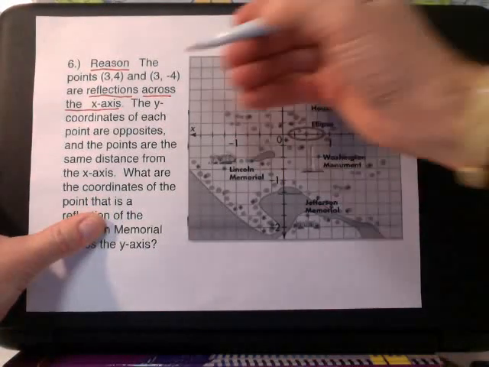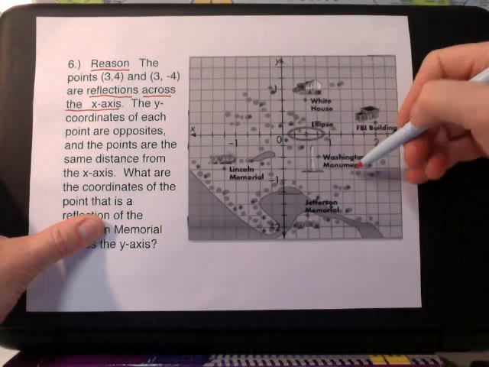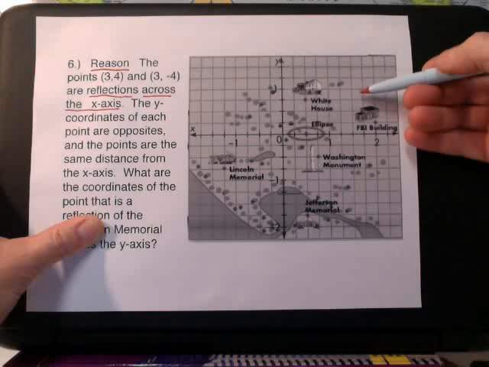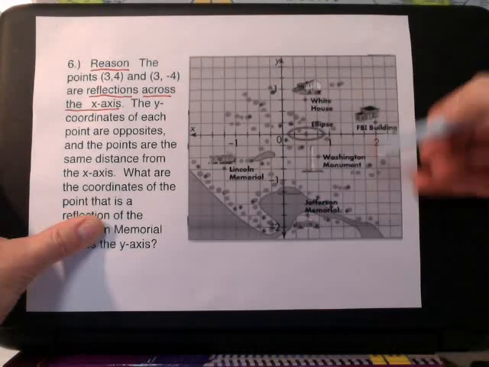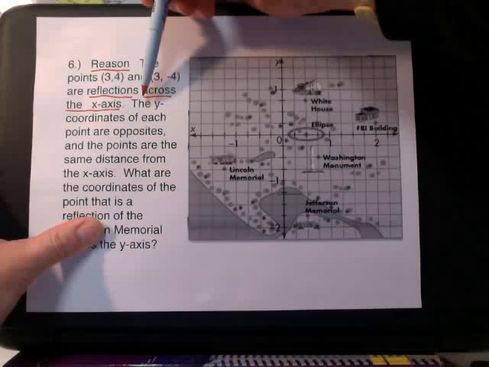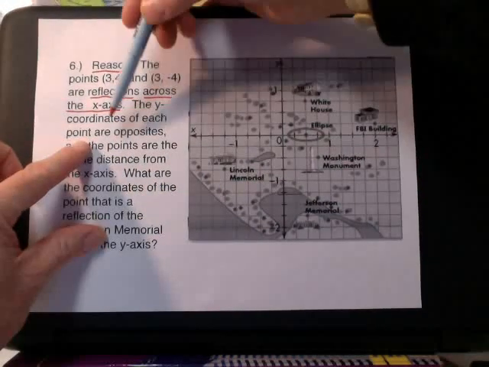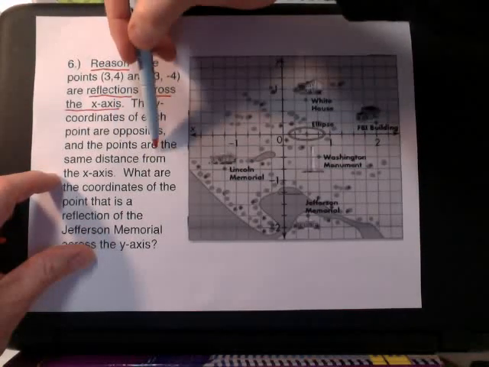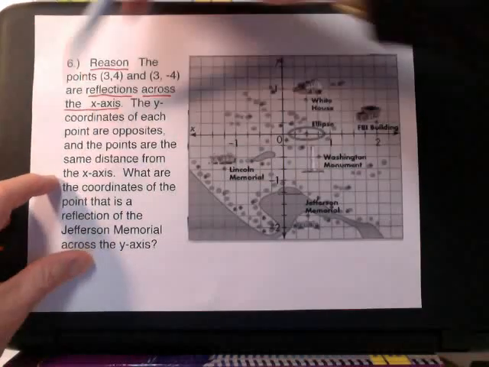That means from here down to there they reflect. They're the same point, but across from each other over the x-axis. The y-coordinates of each point are opposite, and the points are the same distance from the x-axis.